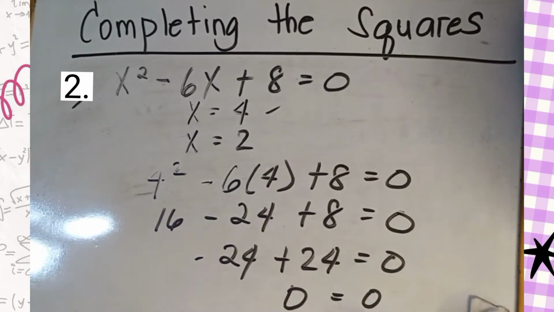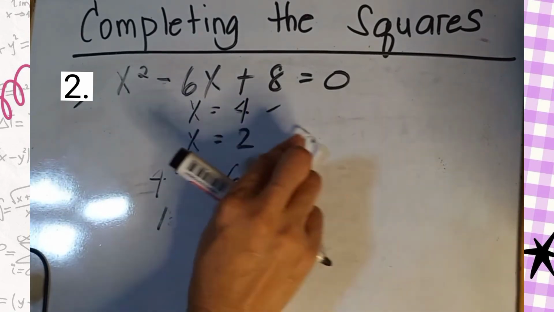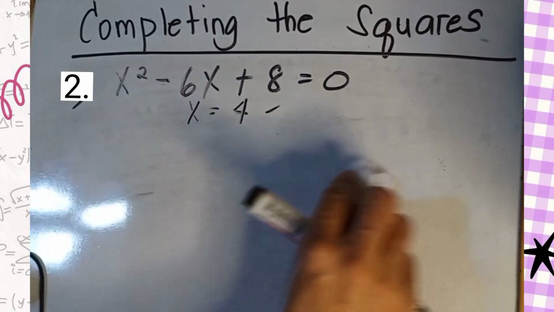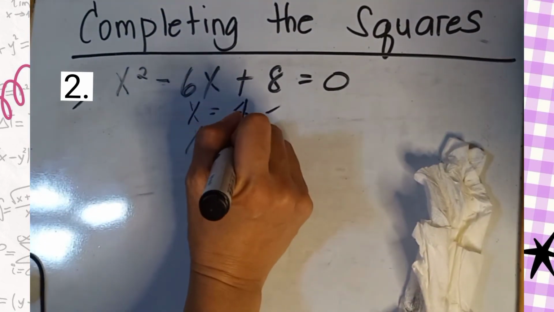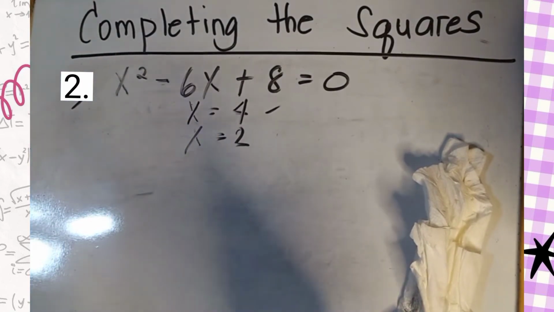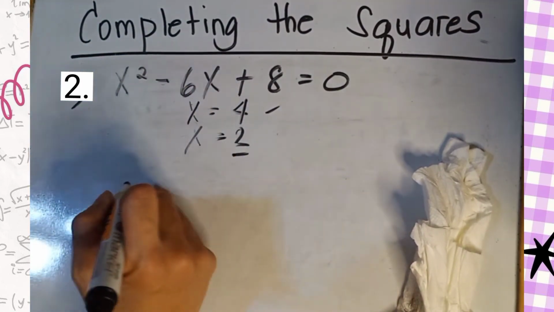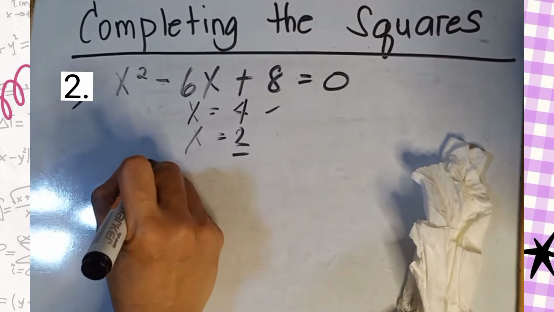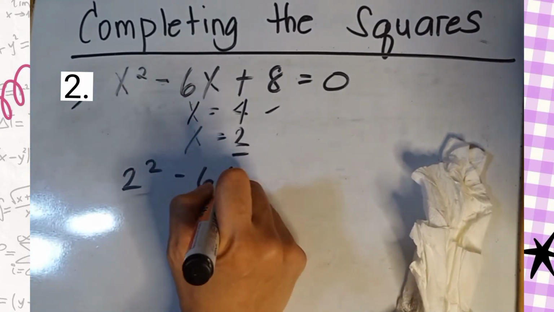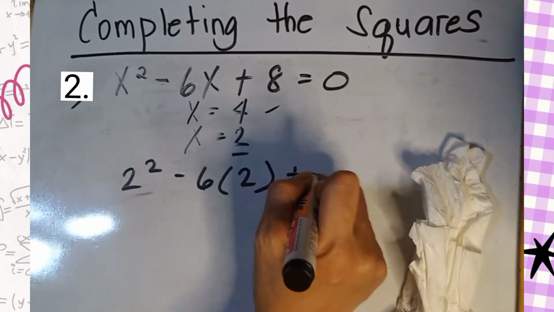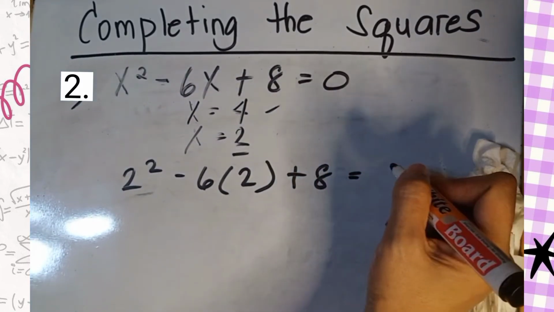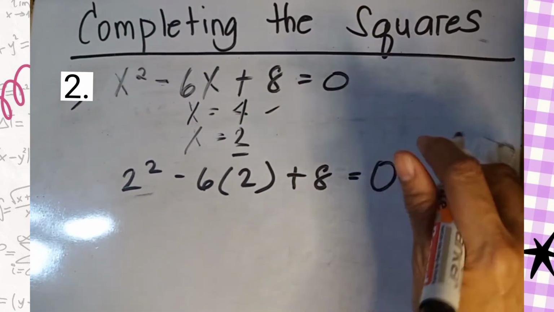How about if x is equal to 2? Let's check. Okay, so by replacing again all x dun sa value niya, which is 2, we have 2 squared minus 6 times 2 plus 8 is equal to 0.